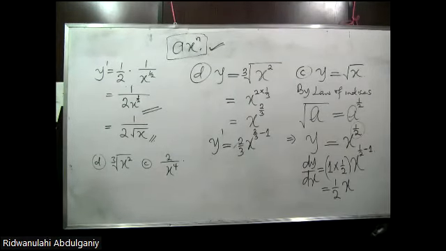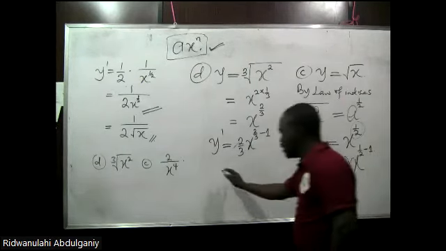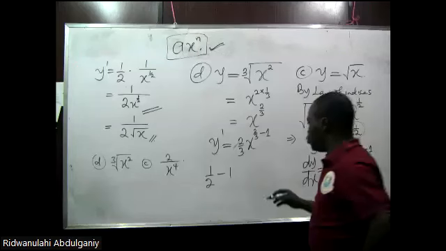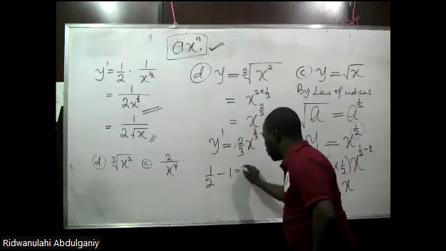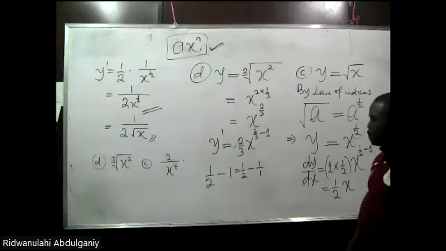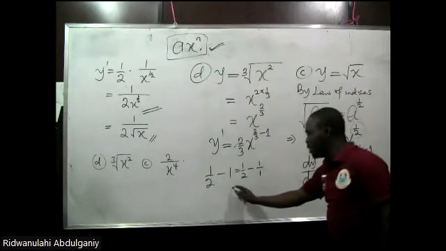Anything times 1 is itself, so 1 times half is half. What is half minus 1? I have 1 over 2 minus 1. I can write it as 1 over 2 minus 1 over 1. Do you agree? Yes, sir. What is the LCM?